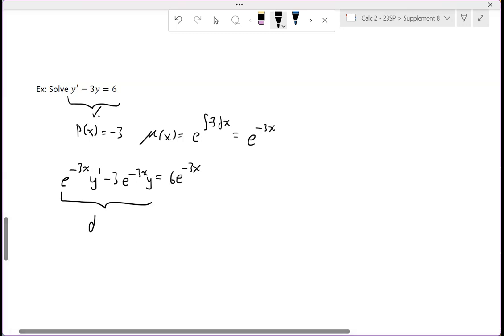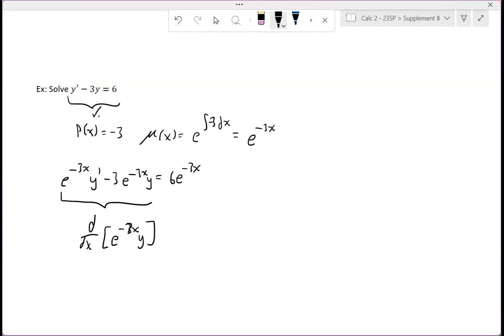This left-hand side is just d by dx of e to the negative 3x times y. So if I differentiate the second, that gives me this first term. And if I differentiate the first, that gives me negative 3 e to the negative 3x times y. The right-hand side just gets copied down.